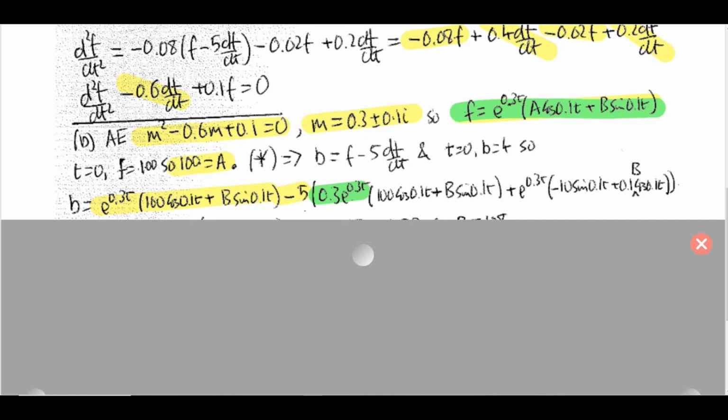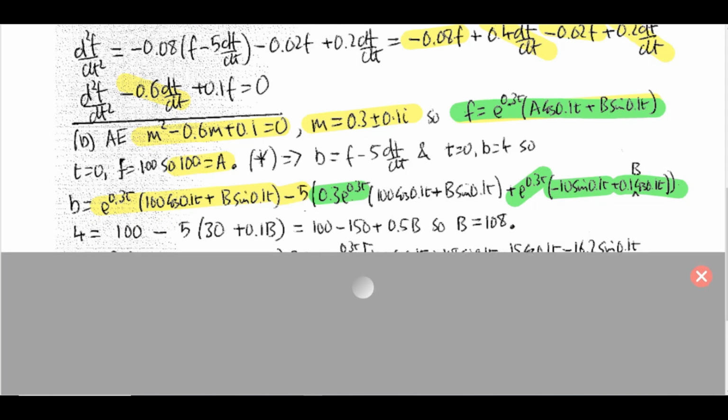Then u times dv is e to the 0.3t times, if you differentiate the bracket, minus 0.1a, which is minus 0.1 times 100 sine 0.1t, plus 0.1b times cos 0.1t. That's using the product rule. So it does get messy.